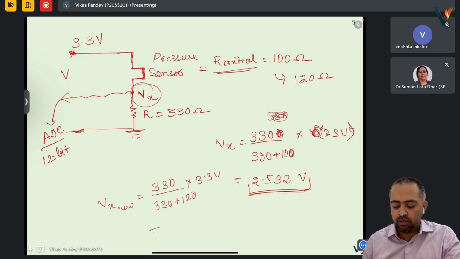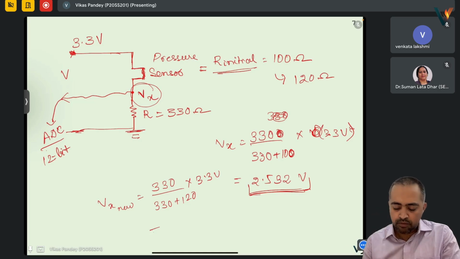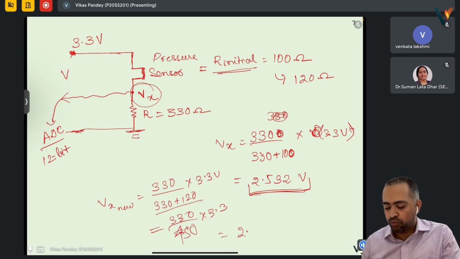That is 330 upon 450 into 3.3 volt. So we will get 2.42 volt.